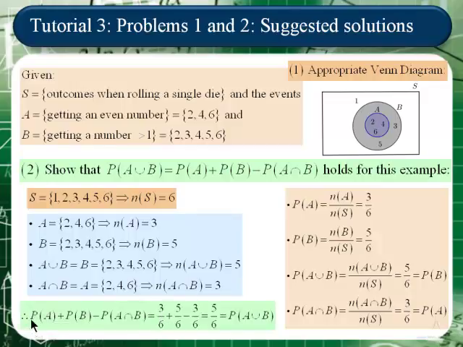So starting off with the left-hand side of this particular relationship, we have the probability of A 3 over 6, B 5 over 6. Subtract from that the probability of A intersection B, which is 3 over 6, so we get 5 over 6, which is the probability of the union of the two events A and B. And therefore the relationship again is satisfied for this specific example.